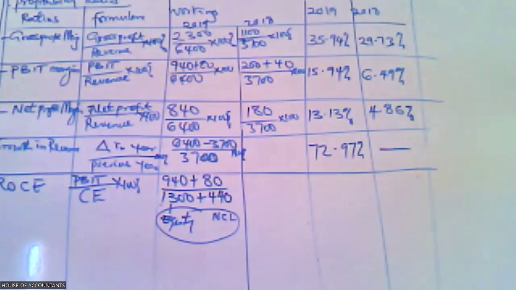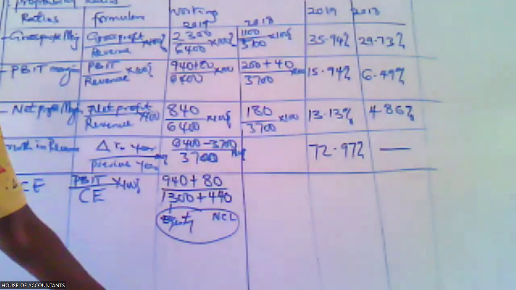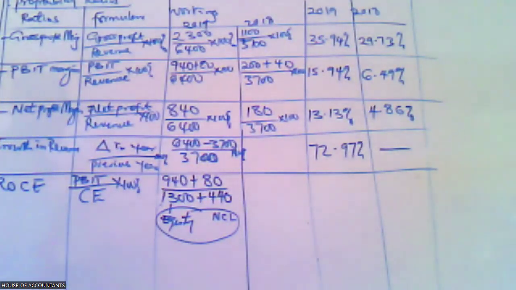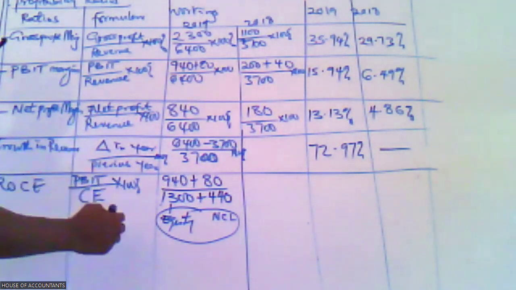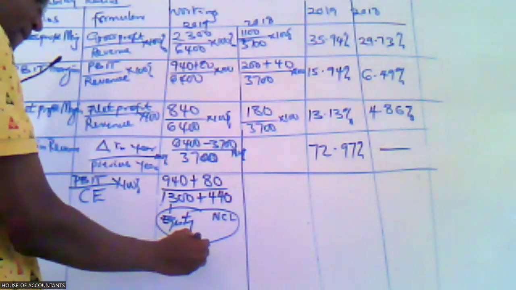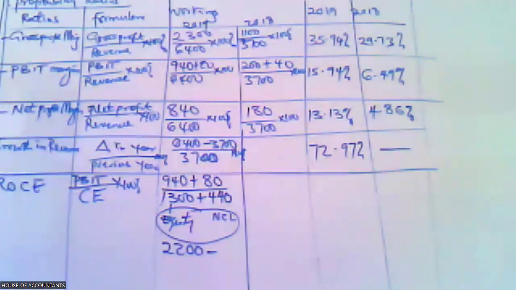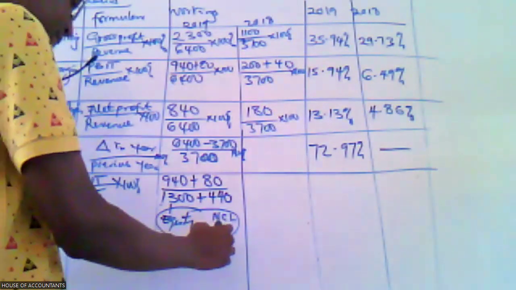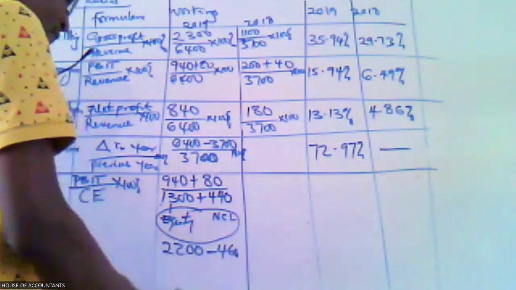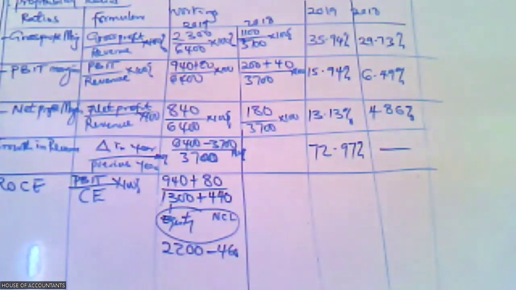Or you can say total assets minus current liability. What is our total asset? 22. What's our total current liability? 460. So does it give us the same thing? Yes. So either of the two, you are good to go.